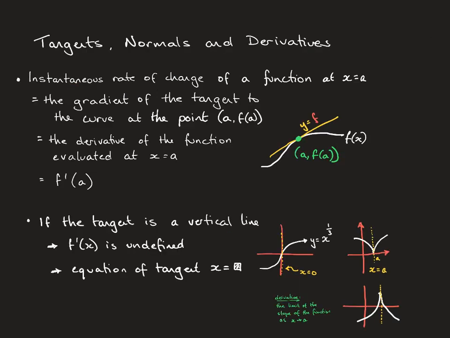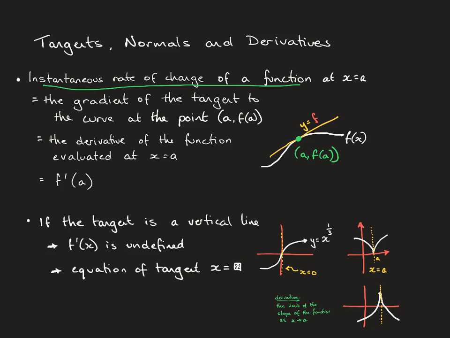So we know that the instantaneous rate of change of a function at a particular point, say this point here, is the gradient of the tangent to the curve at that point. So the gradient of this line. And this line is the tangent line, so it'll have a straight line formula, and it'll be in the form of y equals mx plus c.